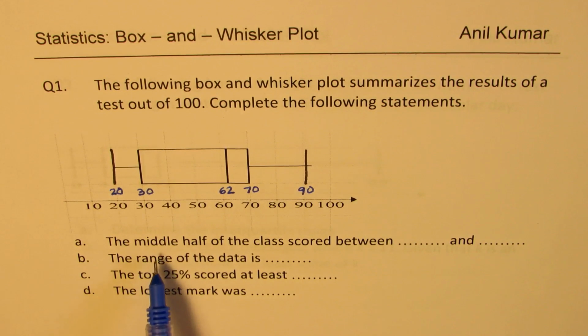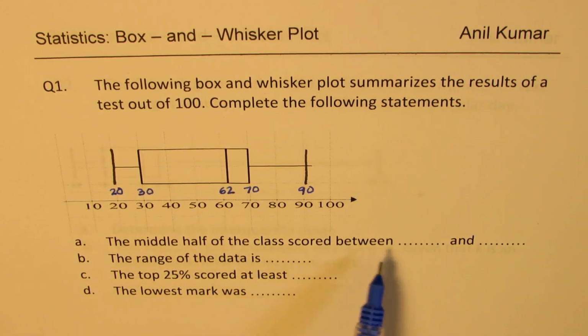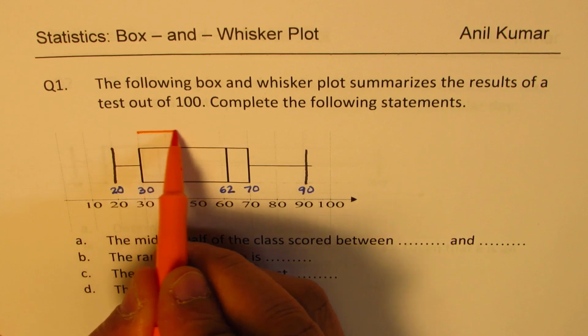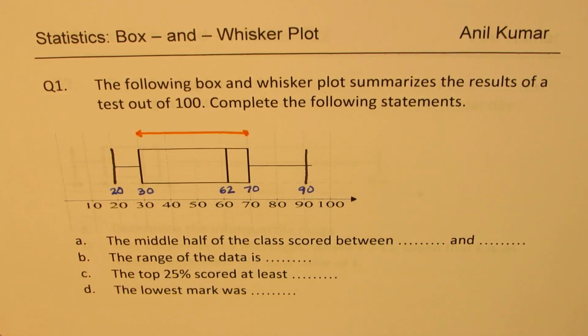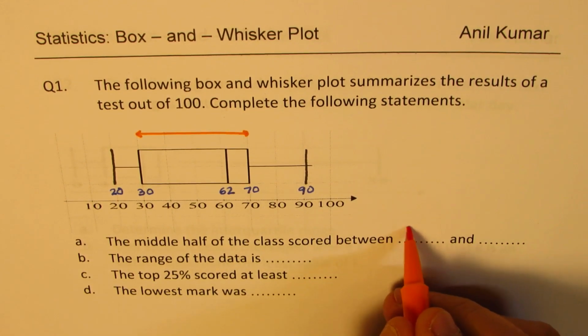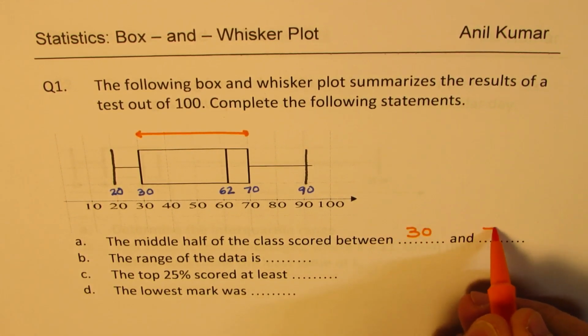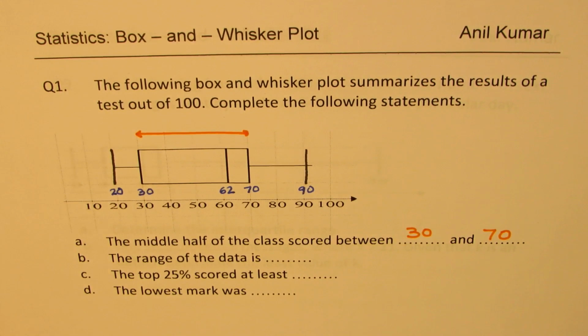A. The middle half of the class scored between what? When we are saying middle half, we want to show between 30 and 70, right? So this is the middle half. So the answer here is from 30 to 70. Clear?